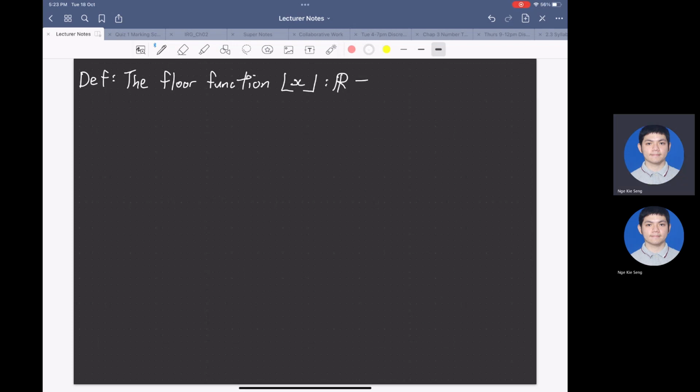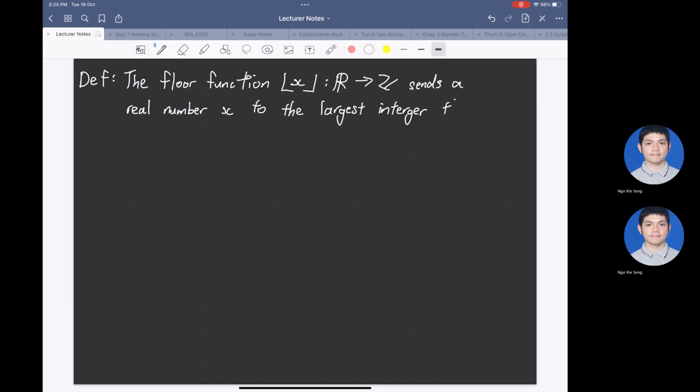The floor function goes from R to Z. So you take a real number x to the largest integer that is less than or equal to x.